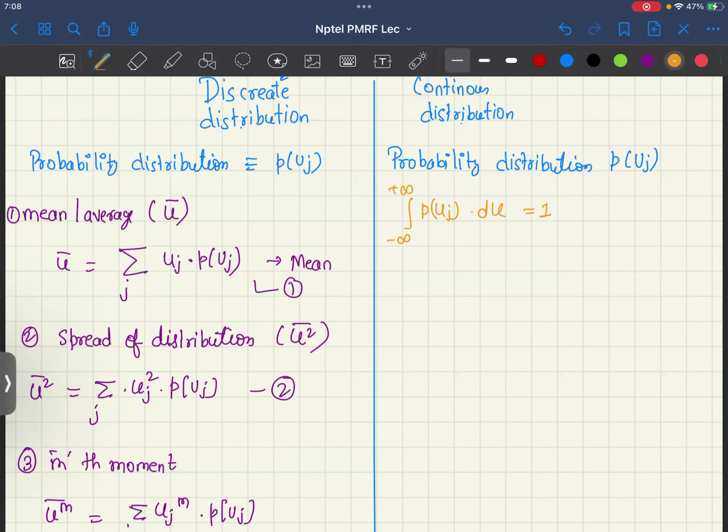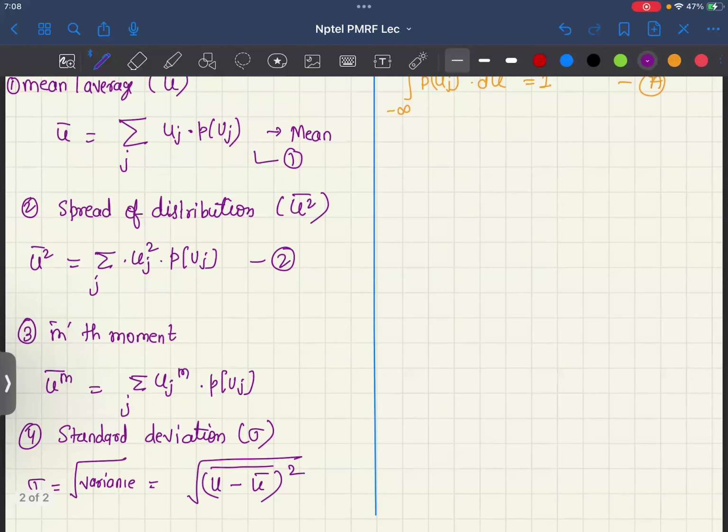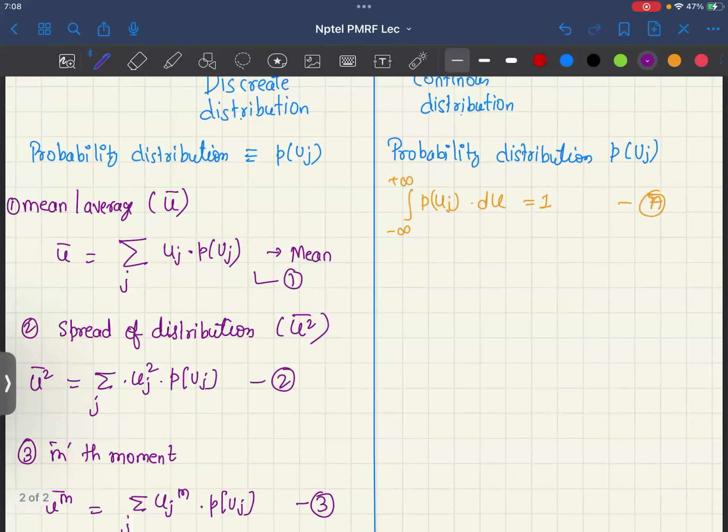This is the third expression and this is the fourth expression. The next is how to calculate the mean. Mean is u bar. As this is the continuous distribution, the summation in the discrete distribution gets replaced by an integral. Therefore, u bar is the integral from minus infinity to plus infinity of uj multiplied by the probability of uj du.